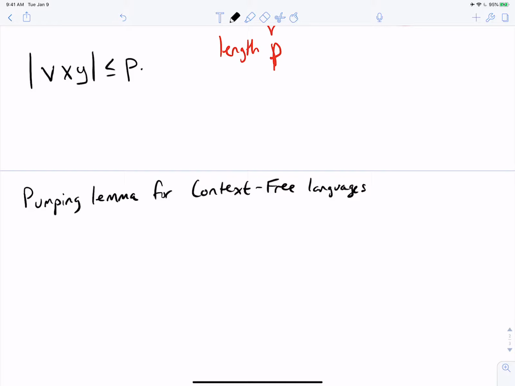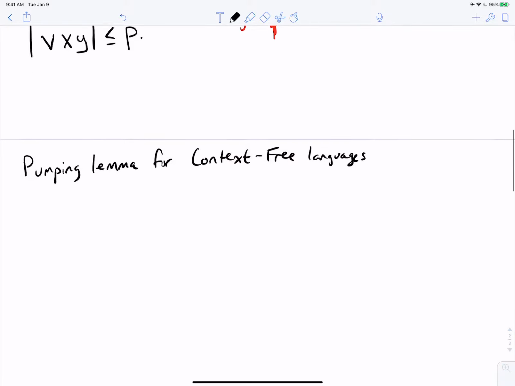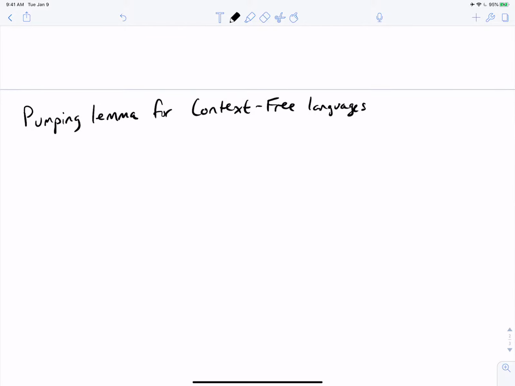Context-free is one word because it's hyphenated. That's what I was thinking. Like, was it 6 or 5? So, yeah. Every time I write the word pumping, I think pumpkin. So that's something I should do if I'm teaching the class in the fall. I should bring some pumpkins on for this.